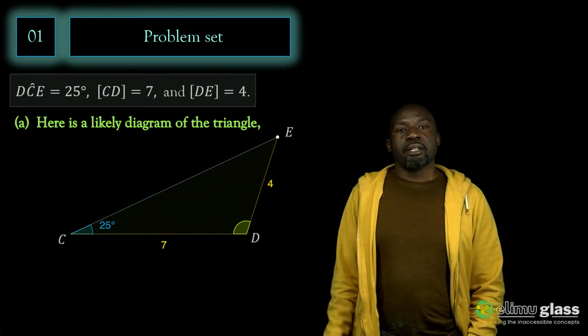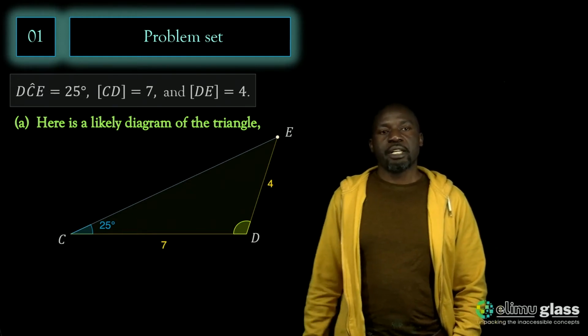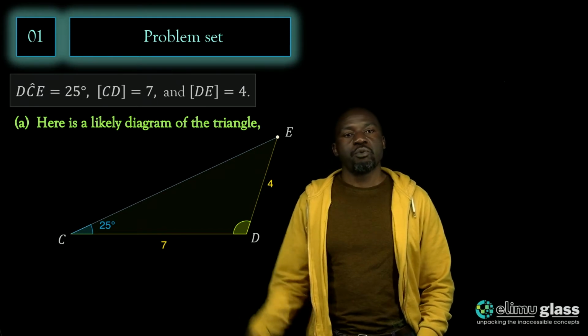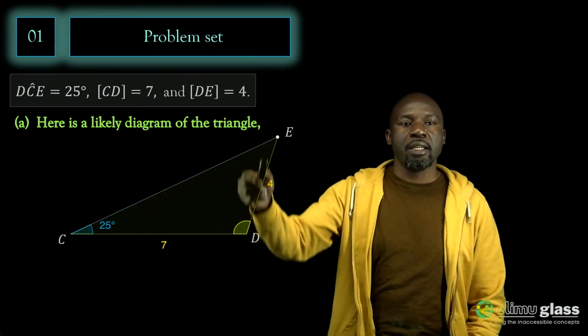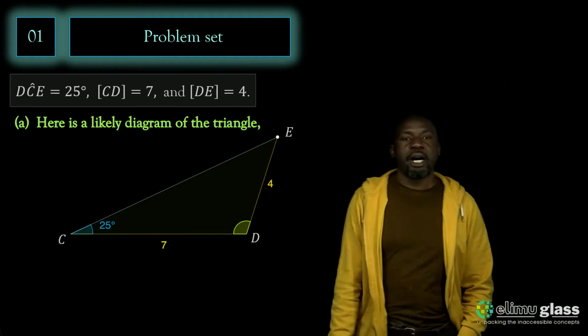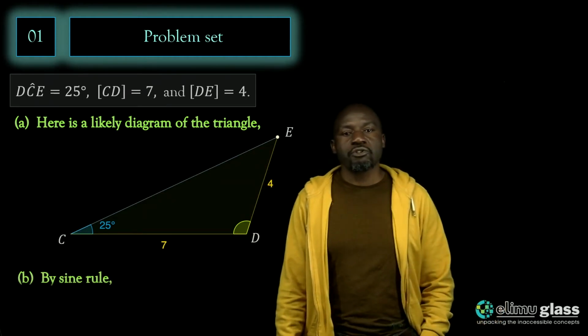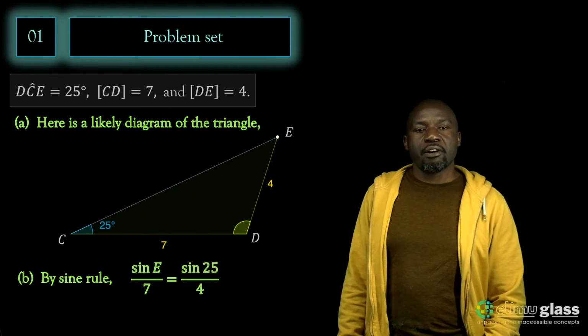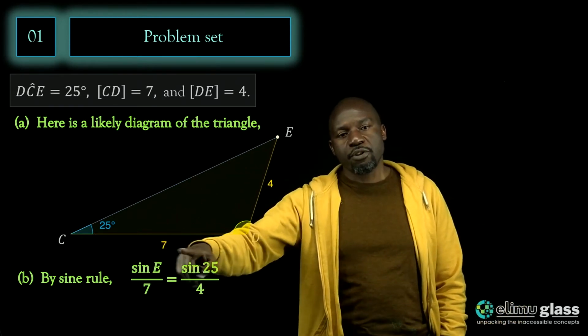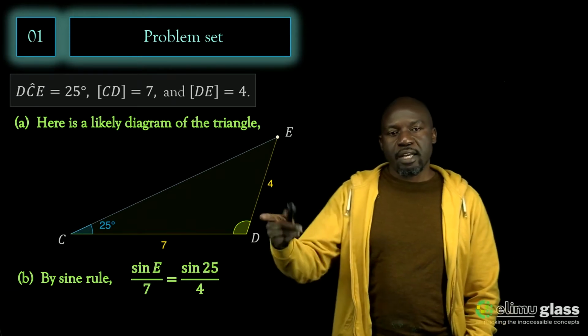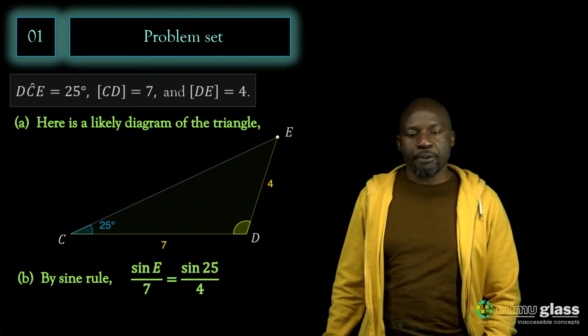Now that we've drawn this part A, let's look at part B, which was to find angle E there. Angle CED is angle E there. So by the sine rule, straight away, the sine of angle E divided by the side opposite must be the same as the sine of 25 divided by 4.